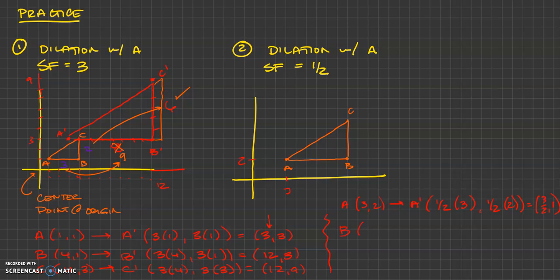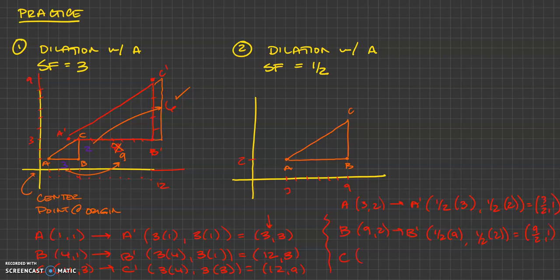And so let's go ahead and just do B. What's B? That's 3, 4, 5, 6, 7, 8, 9. So that's going to be 9 and 2. B prime is going to be 1/2 times 9 and 1/2 times 2 again. So that's going to be 9 halves and 1 again.